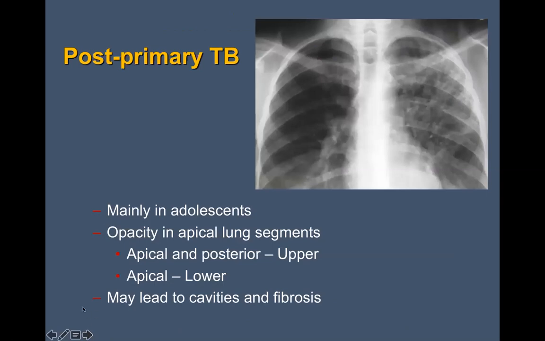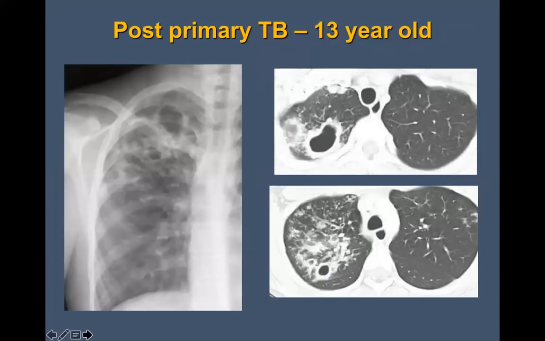Post-primary TB is much less common in children, and we see it largely in our adolescent population or our immunocompromised children. It's got basically the same findings as what you would expect to see in adults with post-primary TB. It's generally apical and posterior and may lead to cavitation and fibrosis and other complications of pulmonary disease.